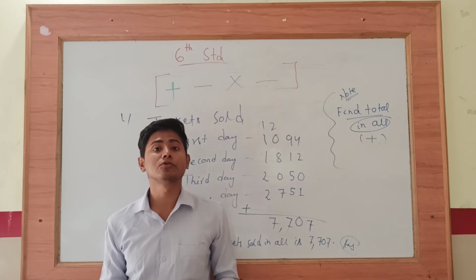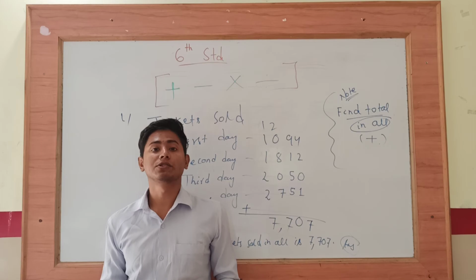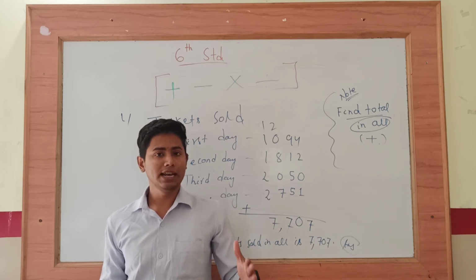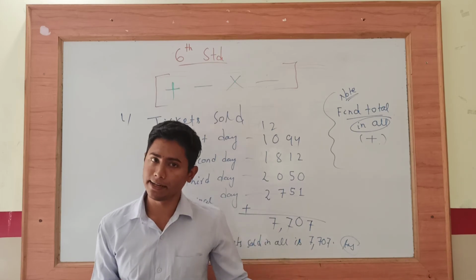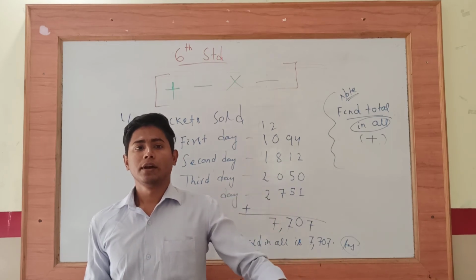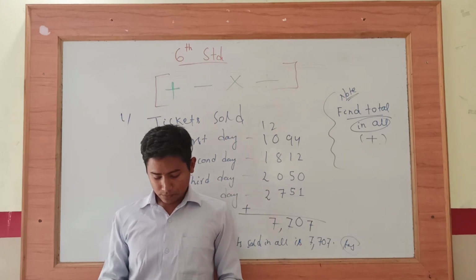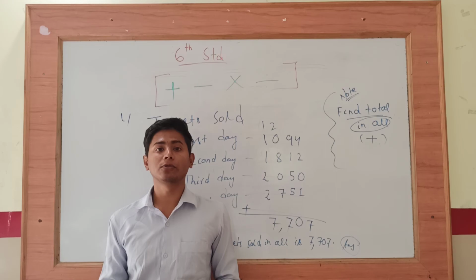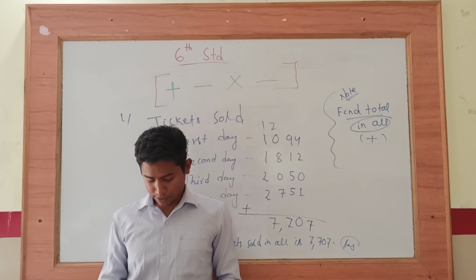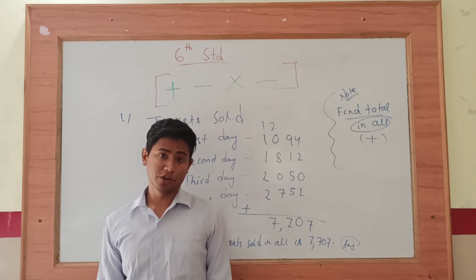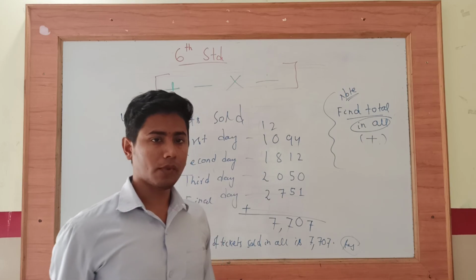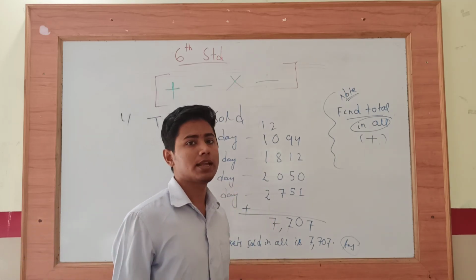But he wishes to score 10,000 runs. It means till now he has scored 6,980 runs, and he wishes to complete 10,000 runs. So how many more runs does he need? How many more, how many less?